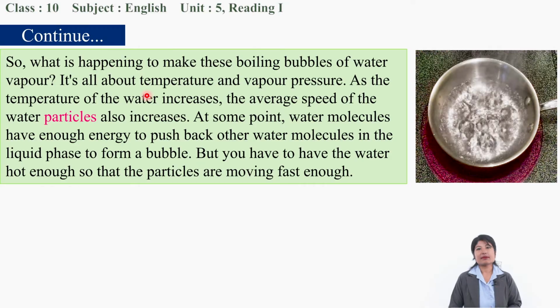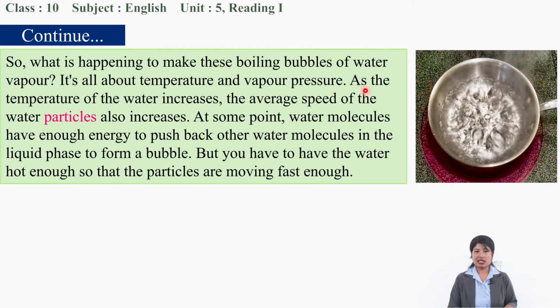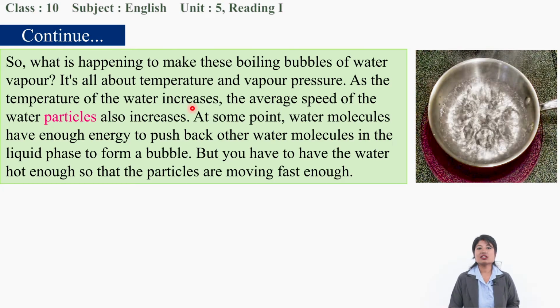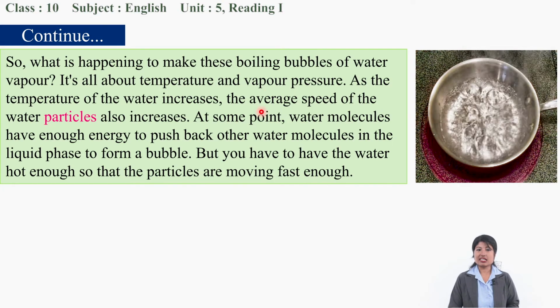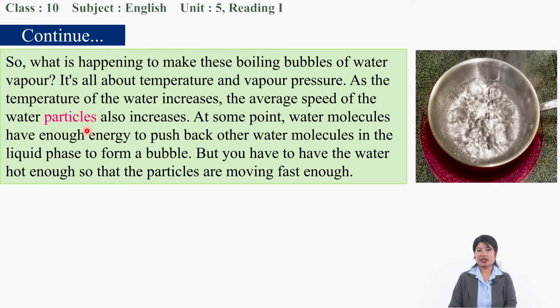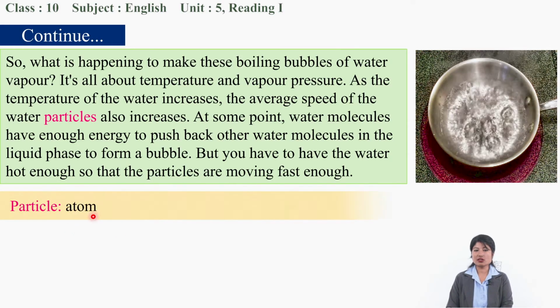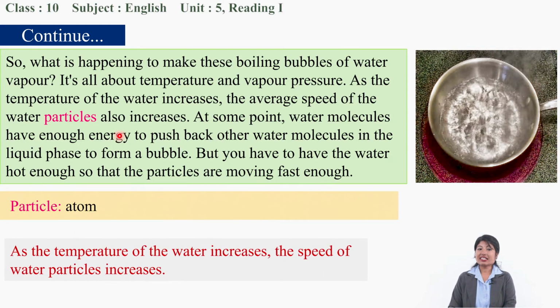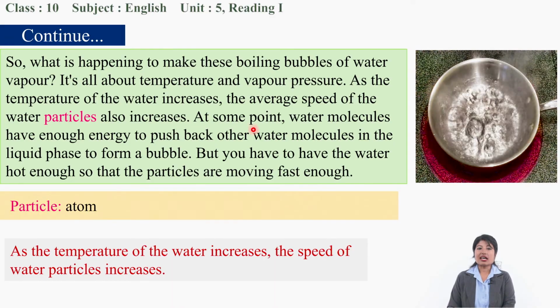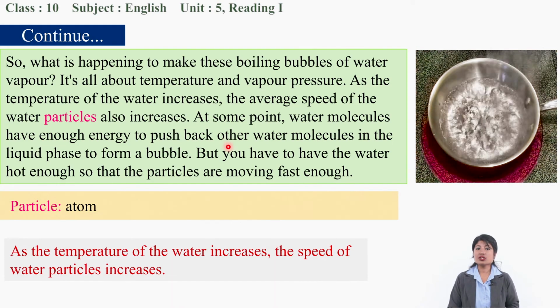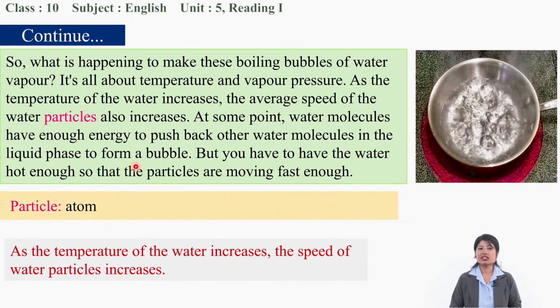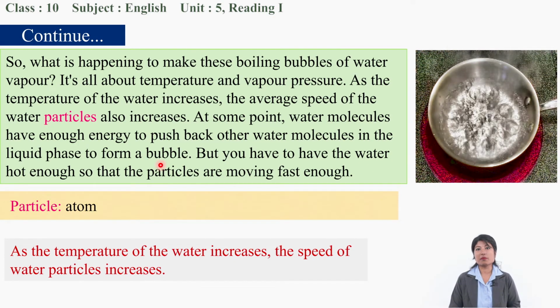It's all about temperature, okay? This is all about temperature and vapor pressure. As the temperature of water increases, the average speed of water particles, atoms, increases. At the same time, water molecules have enough energy to push back other water molecules in the liquid phase to form a bubble.